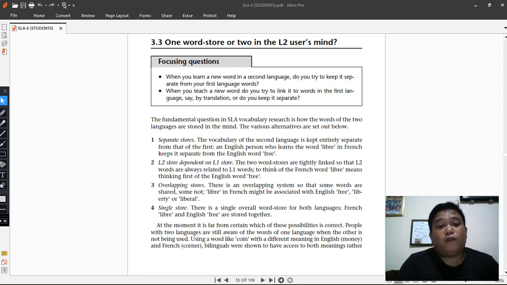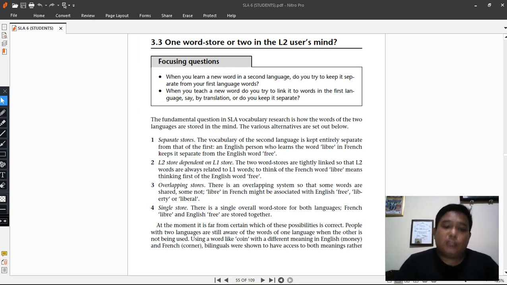This is the kind of overlapping stores. But it's different if it is because you do not have plenty of knowledge of how to speak in English. This is about the people who use overlapping stores in storing their first language and second language words or vocabularies.